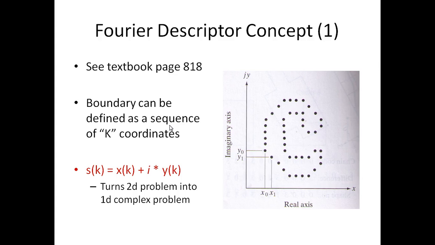The number of coordinates would be k, big K. Now, you can create a vector called S of k, which is basically a complex number, where you take the x coordinate and you add that to the imaginary constant I times the y coordinate. That will give you k complex numbers. The beauty of this is it turns a two-dimensional problem into a one-dimensional complex number problem. Pretty slick.